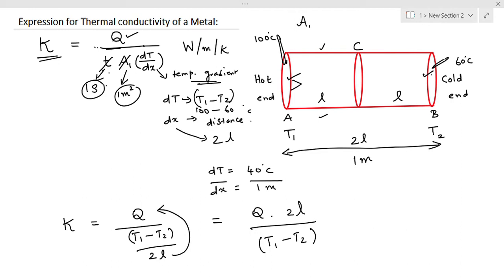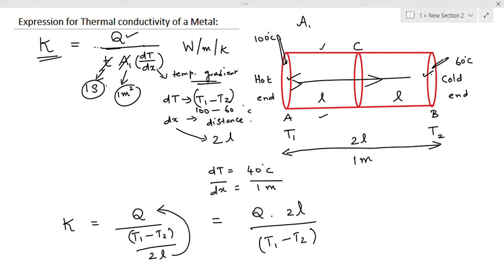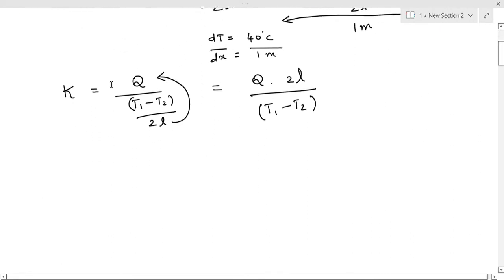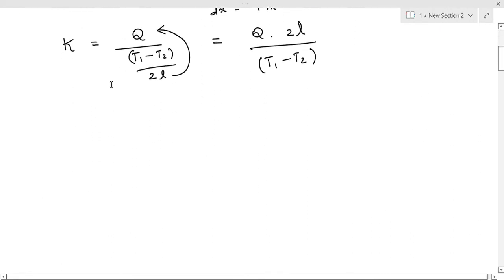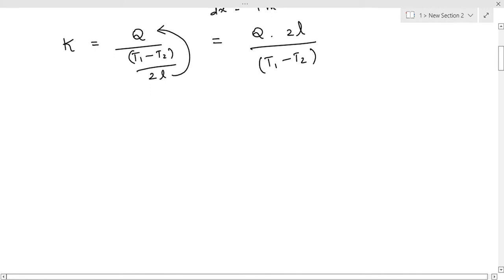Excess energy is taken by the electrons from hot end towards the cold end, in this way crossing this C, the middle area C with area of cross section A1. Throughout, it has equal or uniform area of cross section. So what is the amount of heat conducted by the rod from hot end towards cold end? That is Q, amount of heat conducted or quantity of heat conducted.